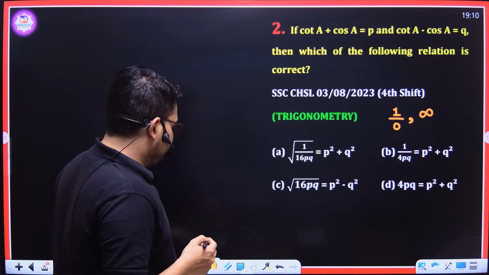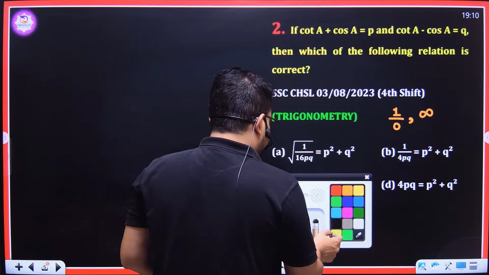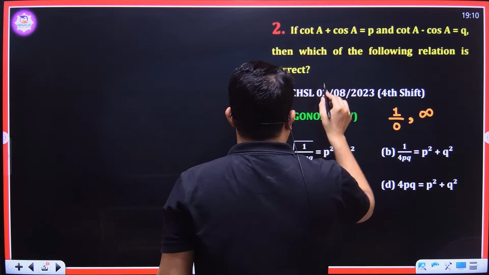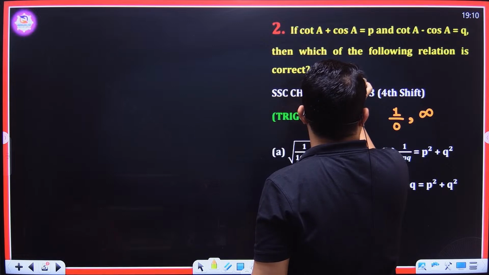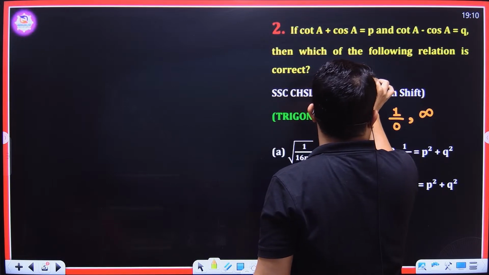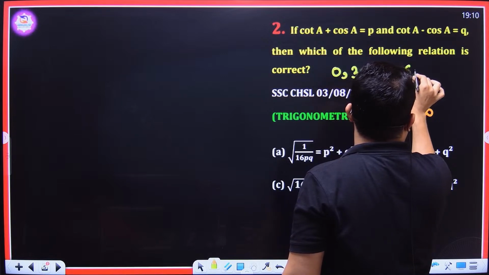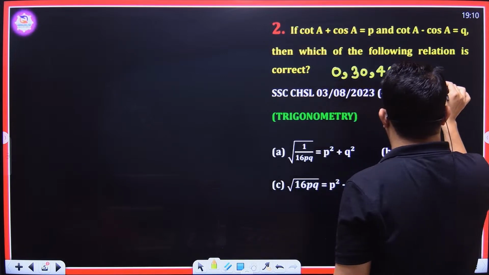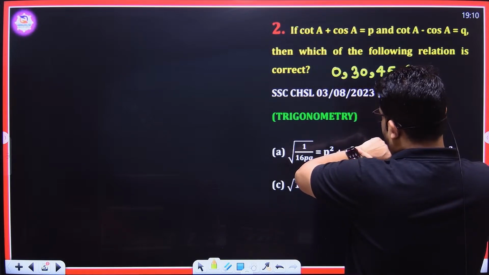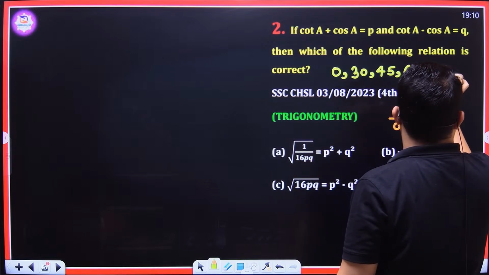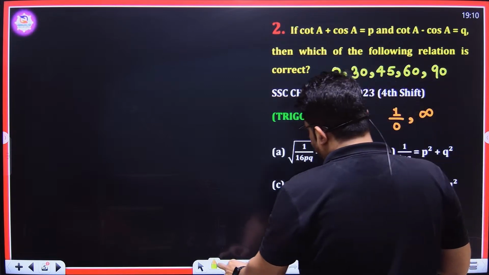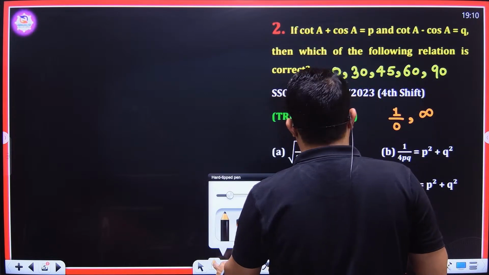So in any trigonometry question, I can use only either 0 degree, 30 degree, 45 degree, 60 degree or 90 degree. I will make you perfect in how you can use these values. 0 and 90 I can't use because they are making infinite.